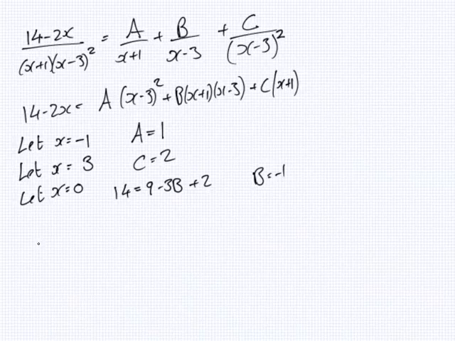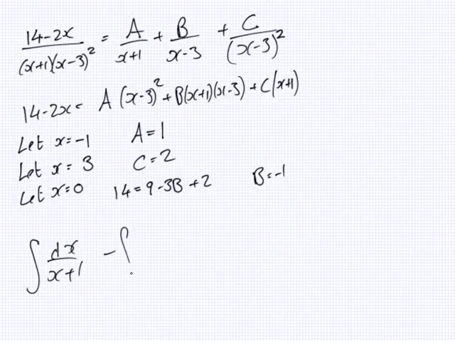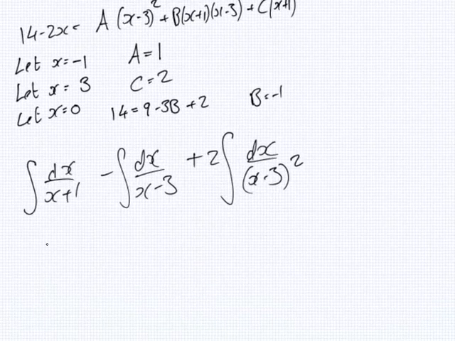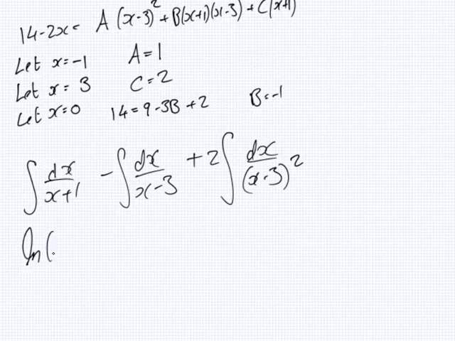So now we need to integrate a over x plus 1 plus b over x minus 3 plus c. Now the first two are nice because they're in the formula book. So here we get log x plus 1 minus log x minus 3.